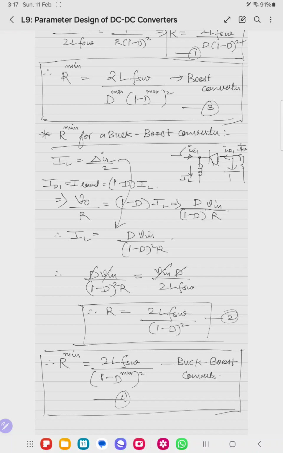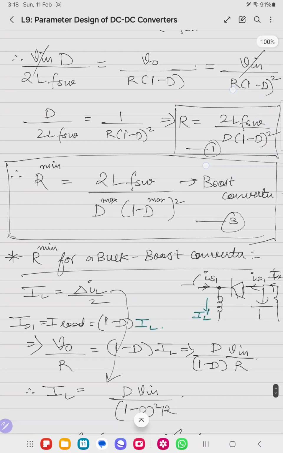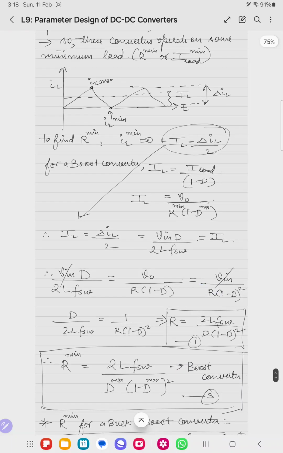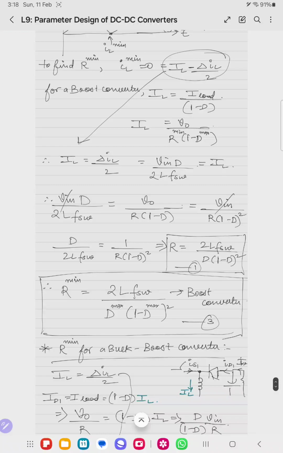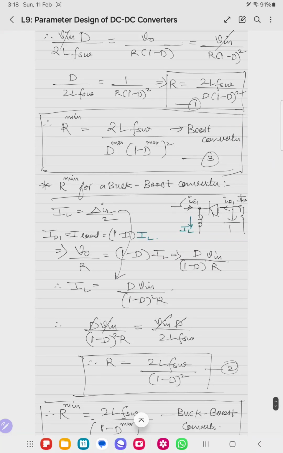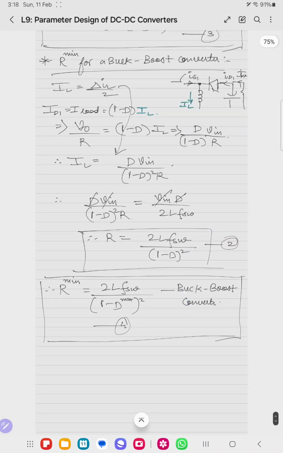So V_out can never be more than V_in, so it will operate in a safe condition. That's why we derive it only for boost and buck boost converters. For those, we'll use equation number 1 and 2. Equation 1 we derived by substituting I_L minimum as 0, and then D as D max and R as R minimum. That's why I have mentioned here separately R equals to this and R min equals to this. Similarly for buck boost, so that we can use it in this section.